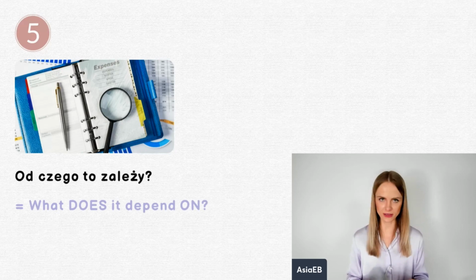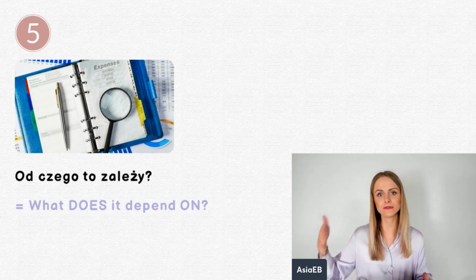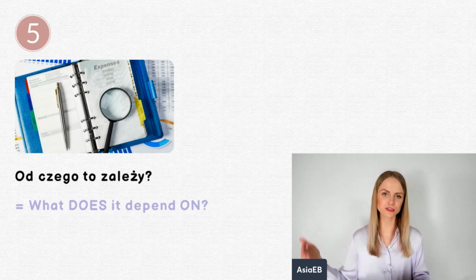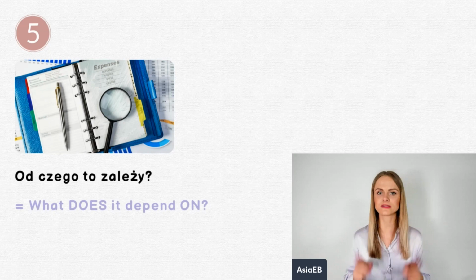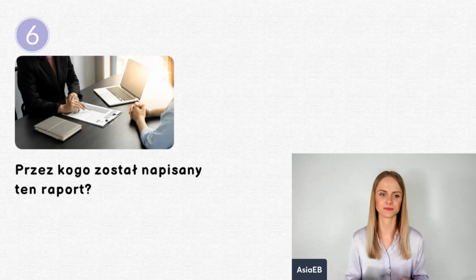But this is not a question. Remember, questions in English are created by means of operators, did, do, does, or inversions, like what are you working on? What is she working on? So you can't skip this operator here. What does it depend on? Depend on.